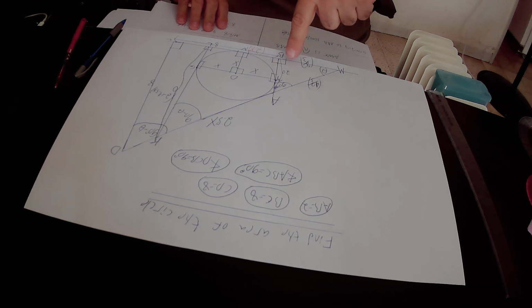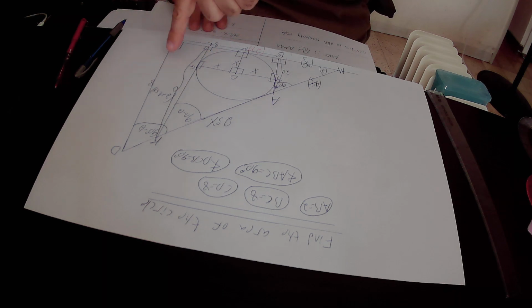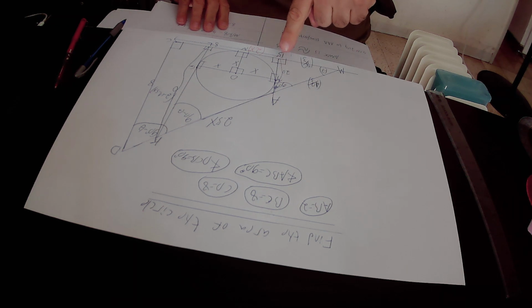We know that side AB equals 2 units in its length, side BC equals 8 units, side DC equals 8 units. And this angle ABC equals 90 degrees. This angle TCB also equals 90 degrees. Our mission is to find out the area of this circle.